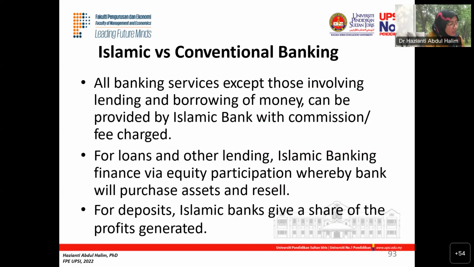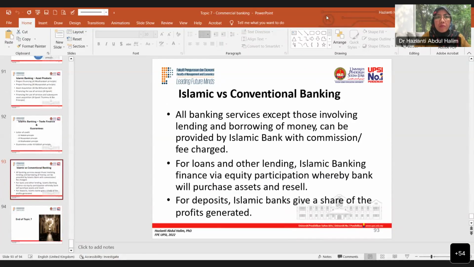If you need more information, you can read chapter 12 in your book, where we talk about Islamic banking. But for your assignment, I really expect you to include only conventional products.